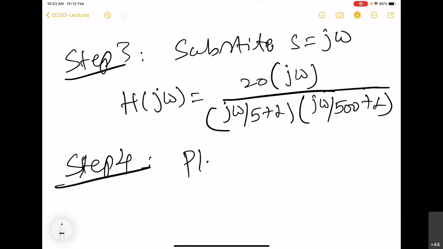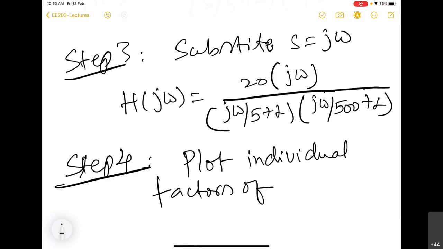So in this case, we plot individual factors of the transfer function.